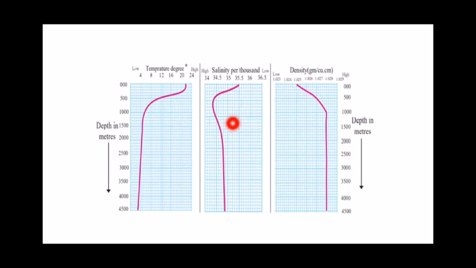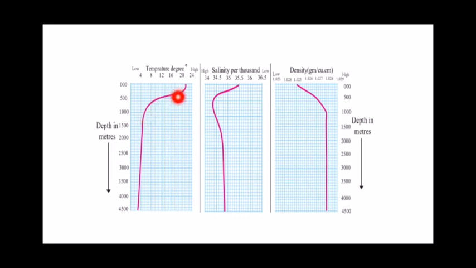According to the graph, you can see that temperature has decreased. When it was at the surface it was around 21. Then when it came to 500, it became around 16 degree. Then slowly as we are going down into the sea, it is decreasing. Now at 1000 it is around 5 degree Celsius.